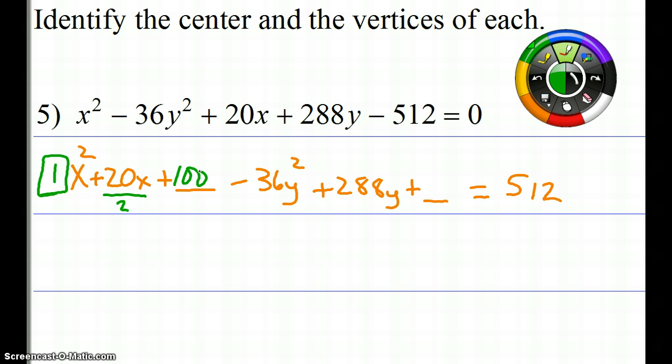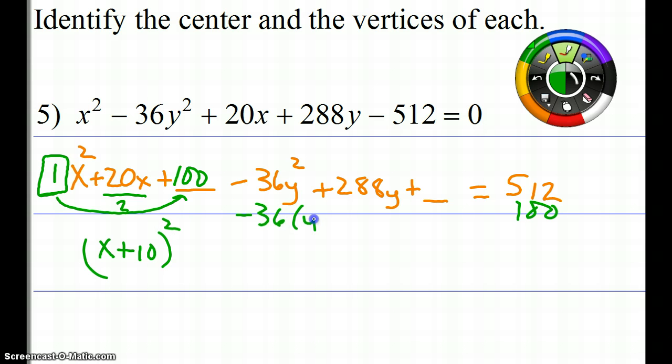We put 100, and then we put that 100 on both sides. So when we complete this square, we get x plus 10 quantity squared. But now to complete the square, remember that the coefficient of the x squared or the y squared must be 1. So we have to factor that term out. And this time we're going to factor out a negative 36.